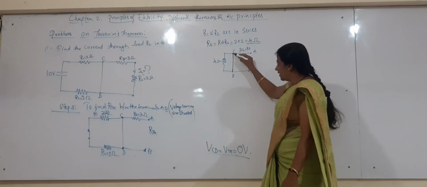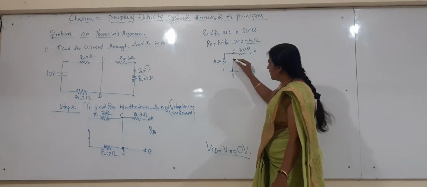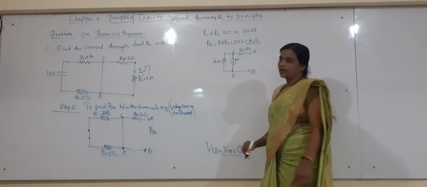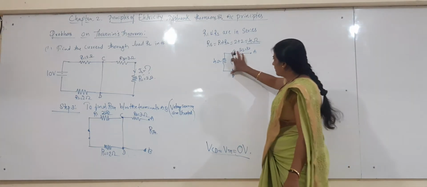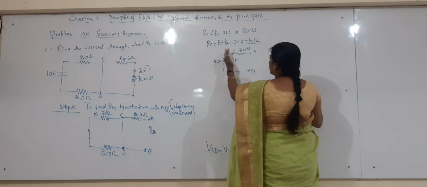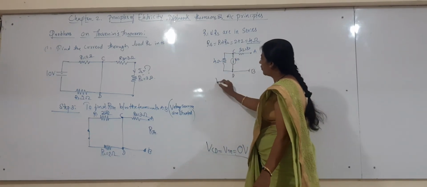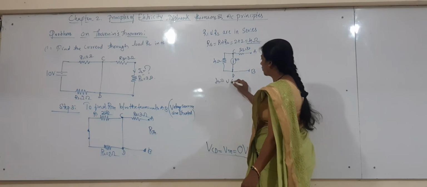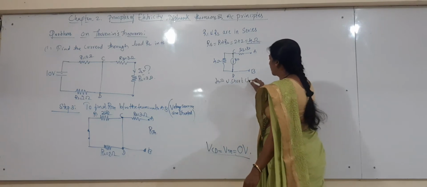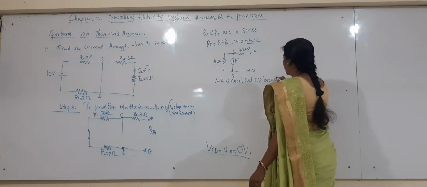Between C and D there is a 4 ohm resistor, and in this branch the resistance is 0. So these two are parallel: the 4 ohm and the short circuit CD wire.